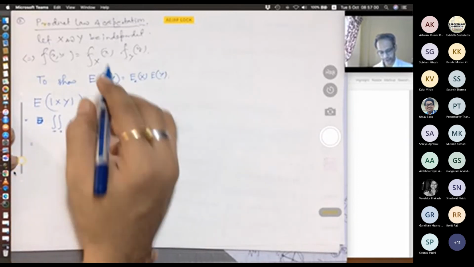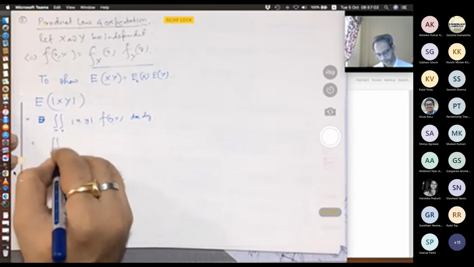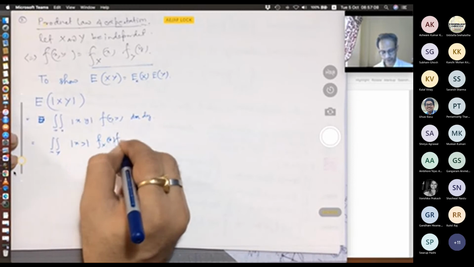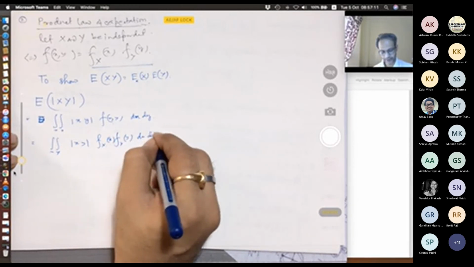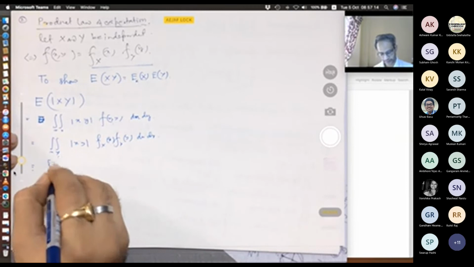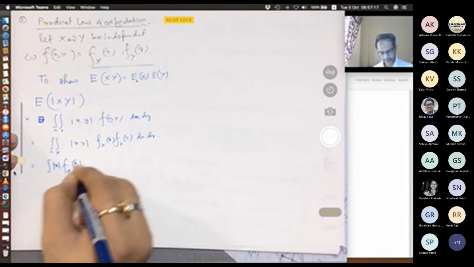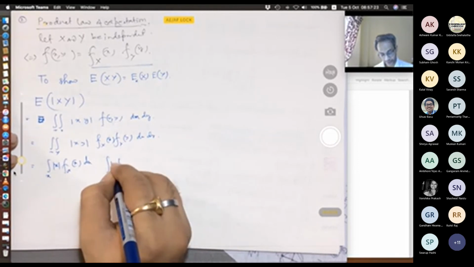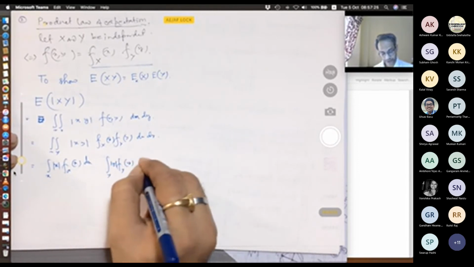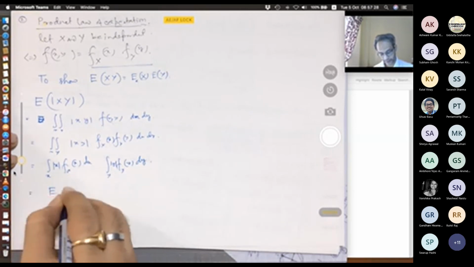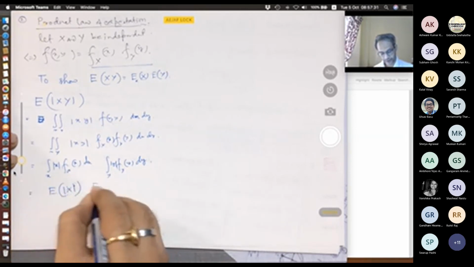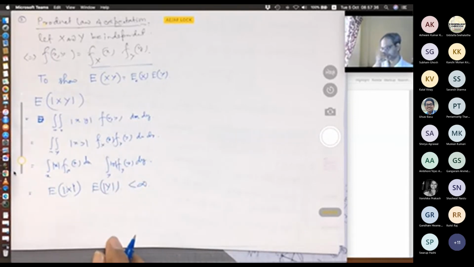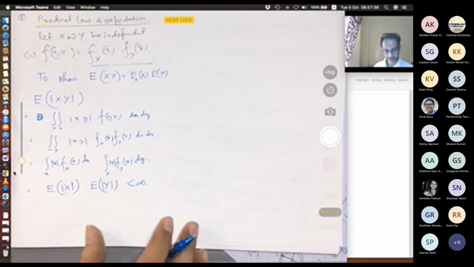So you can use this property here, double integration |xy| f_X(x) f_Y(y) dx dy. So you can split separately, integral of |x| f_X(x) dx times integral of |y| f_Y(y) dy. So it is expectation of |X| into expectation of |Y|, which is finite by the general assumption that we have made.